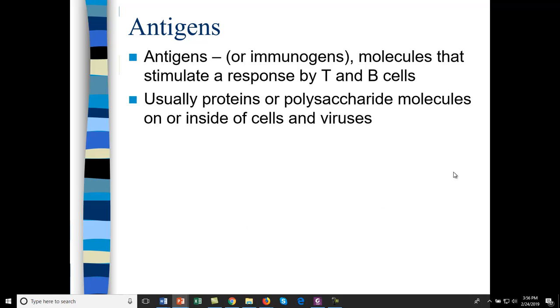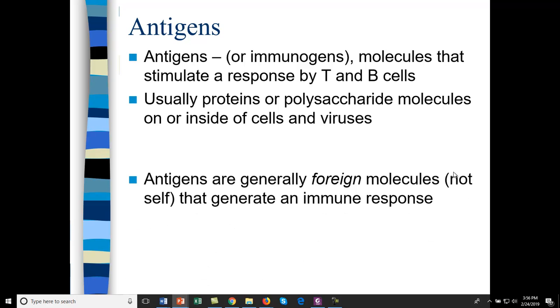Usually these are proteins or polysaccharide molecules. Usually they have to be quite complex in order to elicit an immune response. And they can be on the surface or on the inside of cells and viruses.